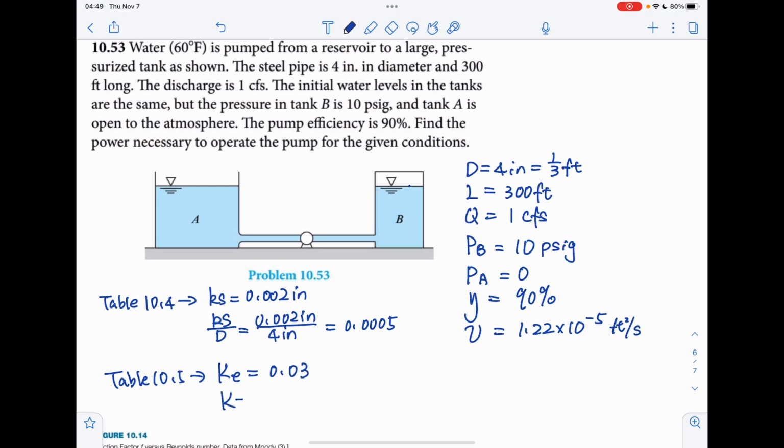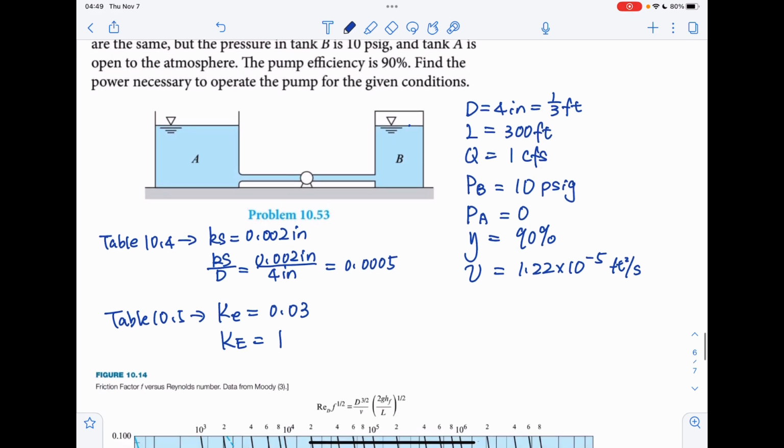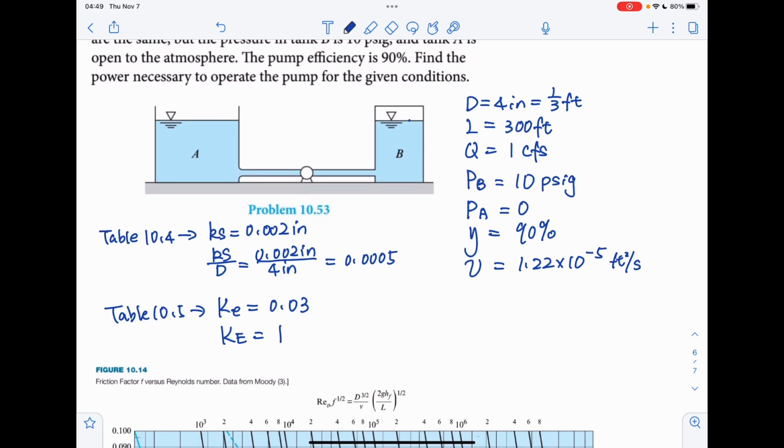And K uppercase E, the head loss factor from the pipe to the tank, equals 1. Okay. So with all the information here, I'm going to find the velocity and Reynolds number in order to use the Moody diagram to find the friction factor.